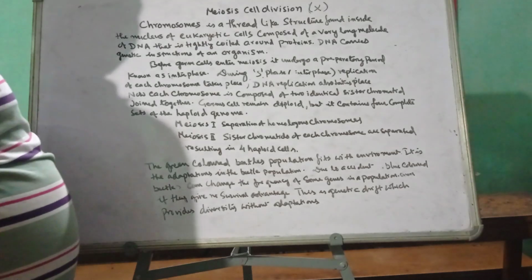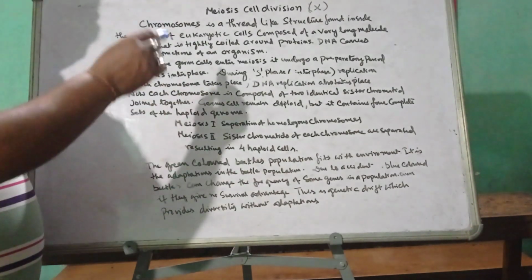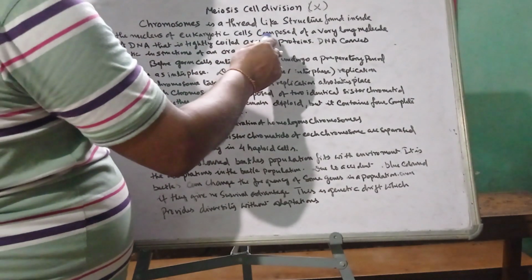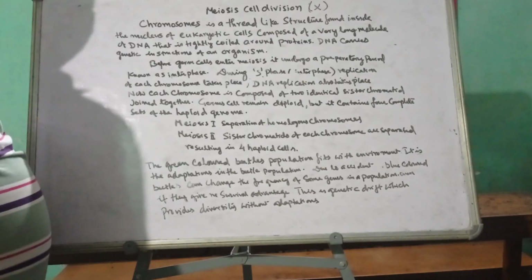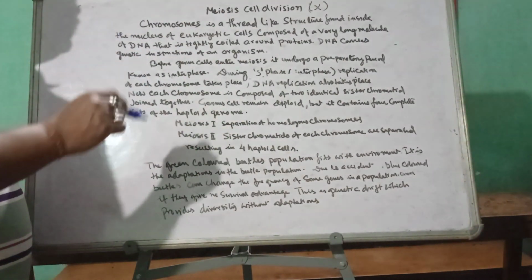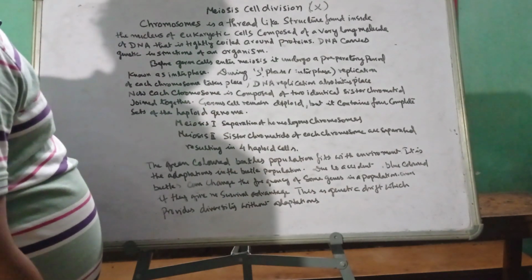These are chromosomes. It is composed of DNA molecules, because meiosis cell division takes place in the germ cells.